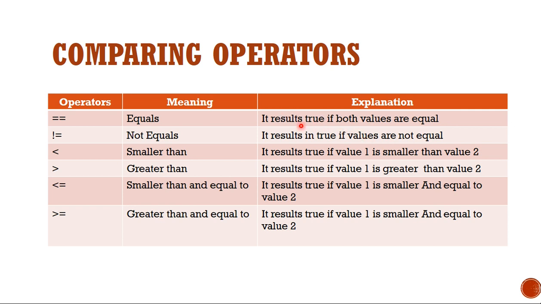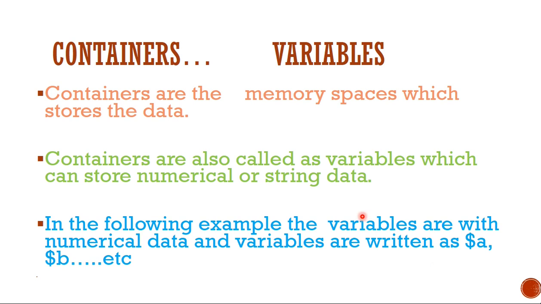It results true if both values are equal. Not equal to results true if the values are not equal. Smaller than results true if value 1 is smaller than value 2. We will see this with an example in the next slide.